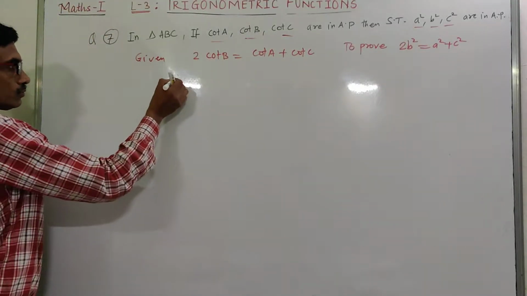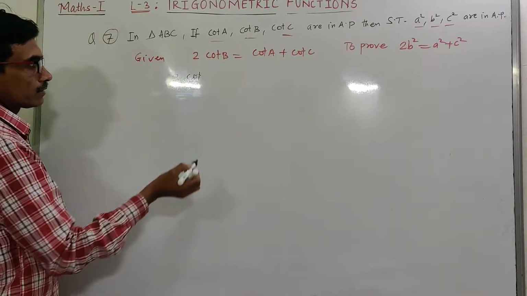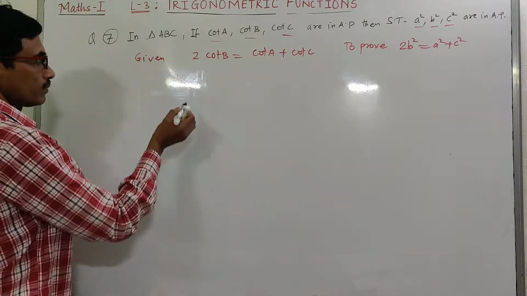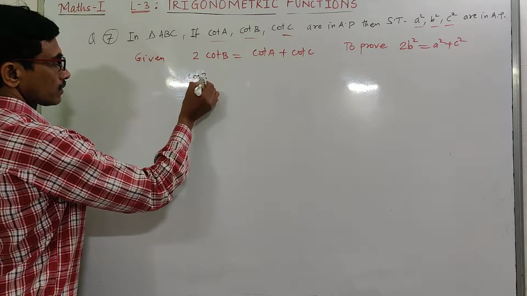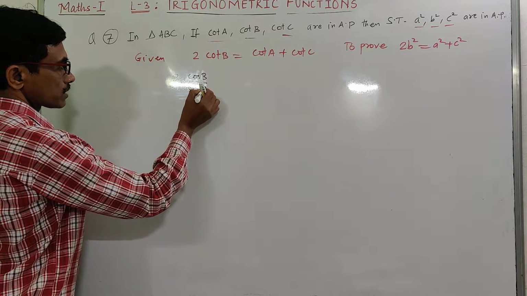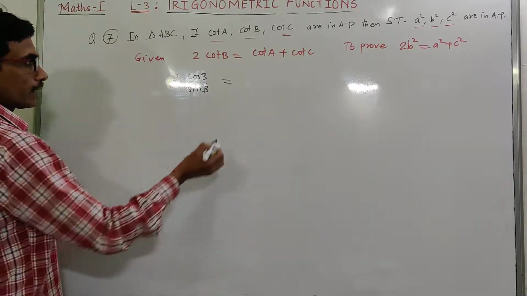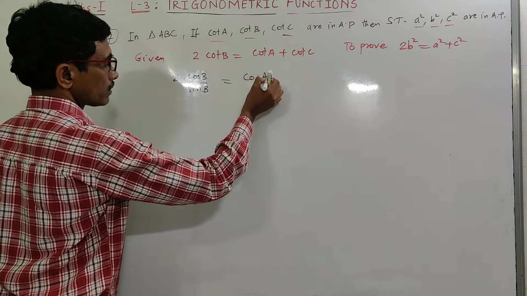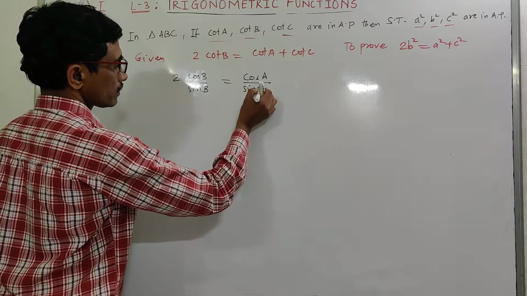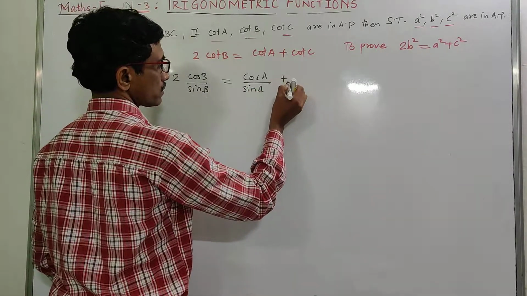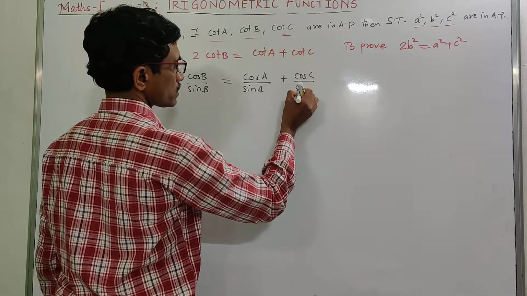So 2 times of cot B we will write cos B upon sin B, is equal to cot A we will write cos A upon sin A plus cos C upon sin C.